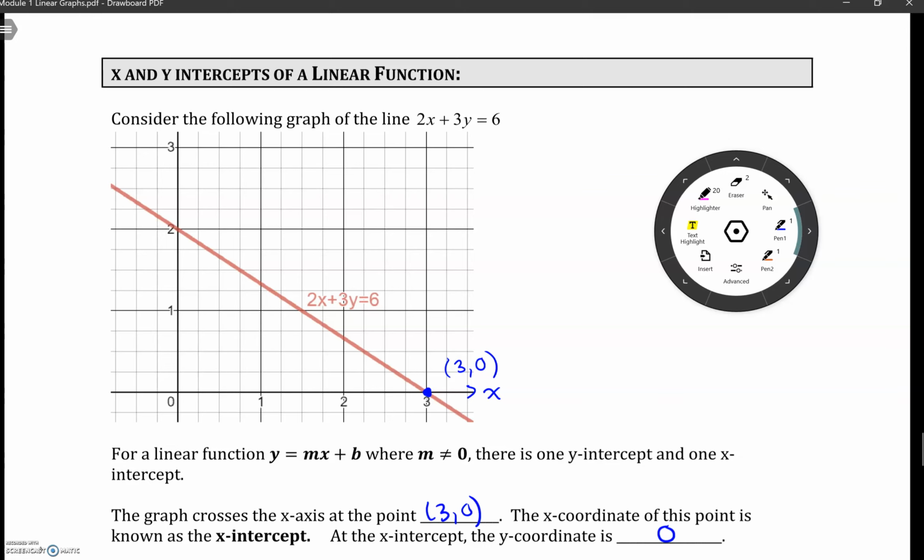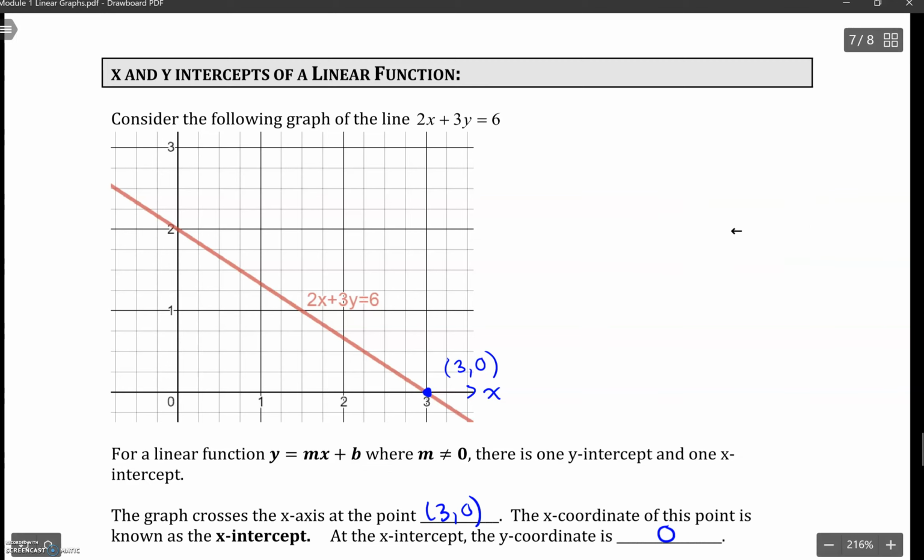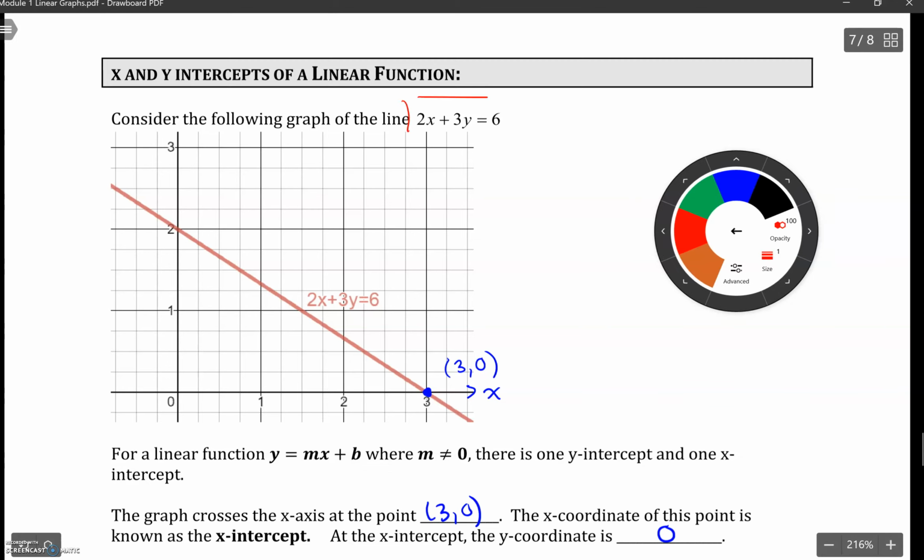For lines, in most cases, we have one x-intercept and one y-intercept. This is true so long as the slope isn't equal to 0.